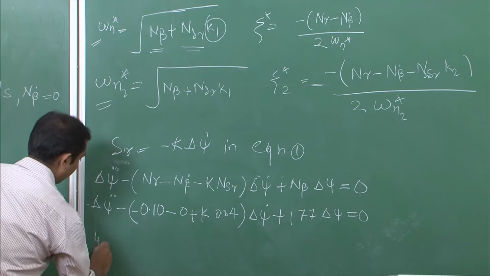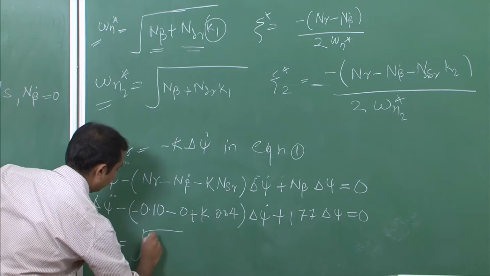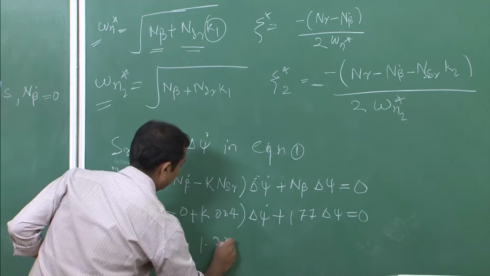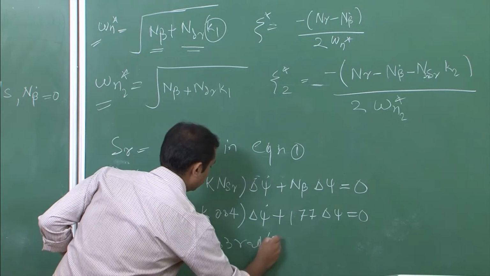Again, the value of omega n will be root over 1.77, which is 1.33 radian per second.